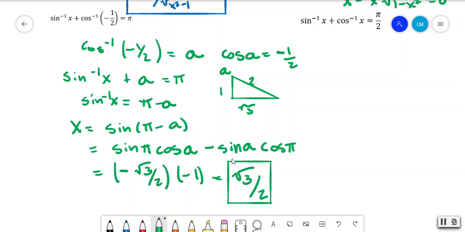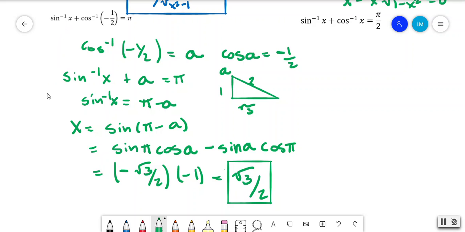So what that means is that by plugging root 3 over 2 back in, you're going to get 60 degrees.